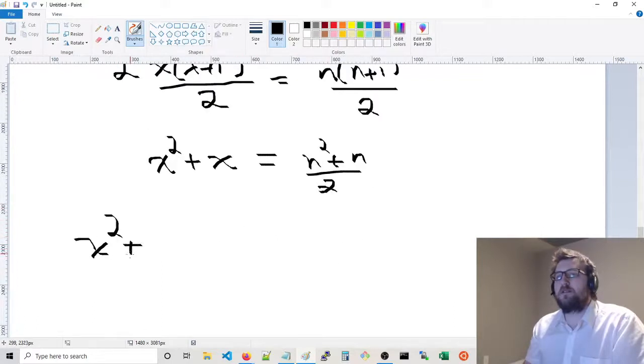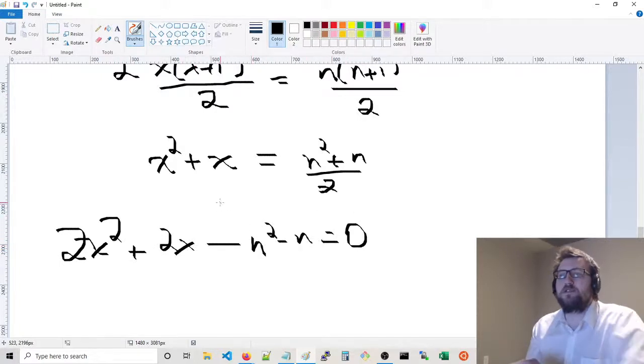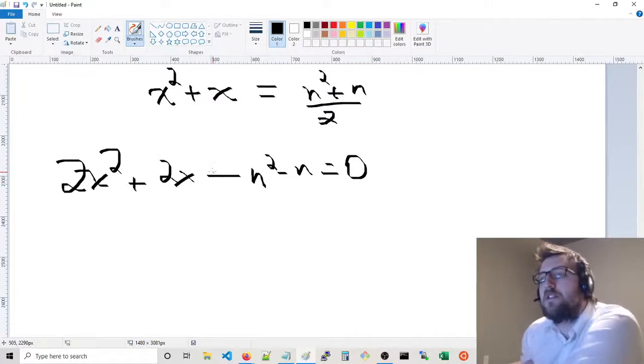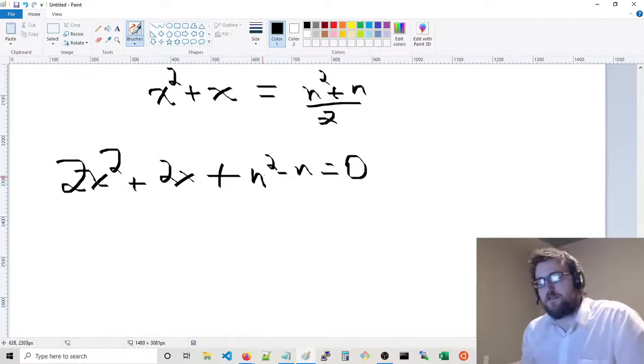x squared plus x minus n squared. We can multiply the whole thing by 2 as well. 2x squared plus 2x minus n squared minus n equals 0, right? Or you just do it this way.